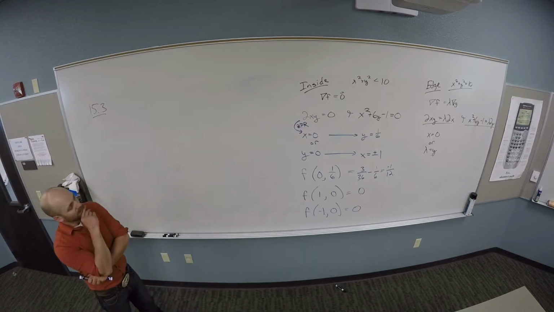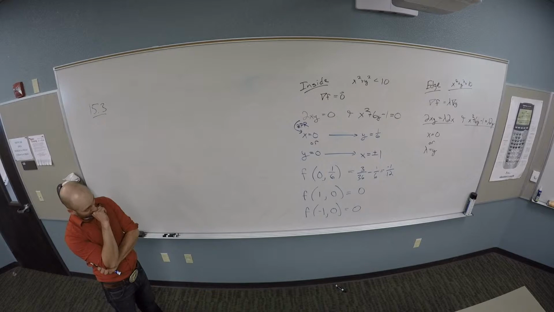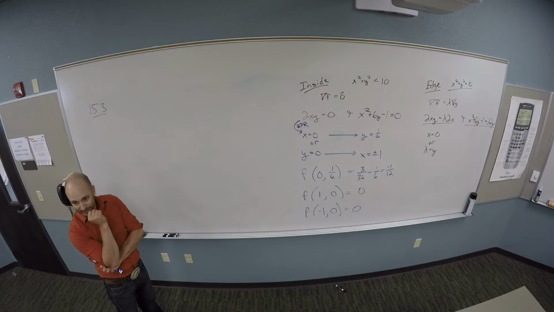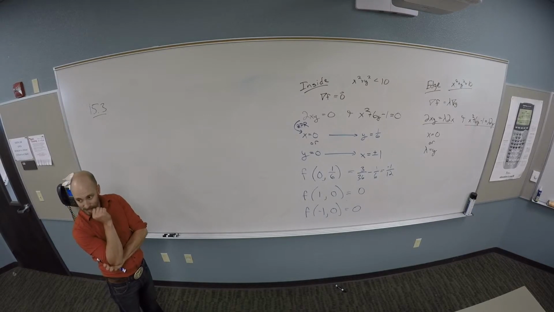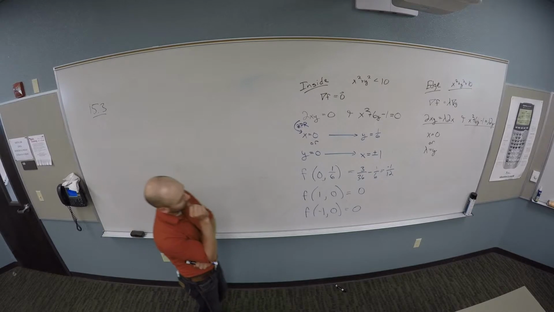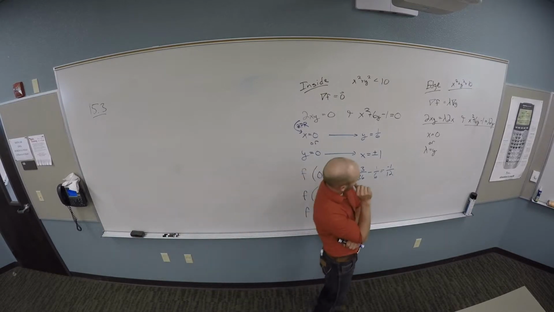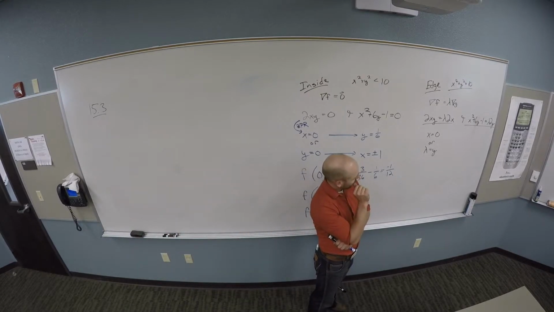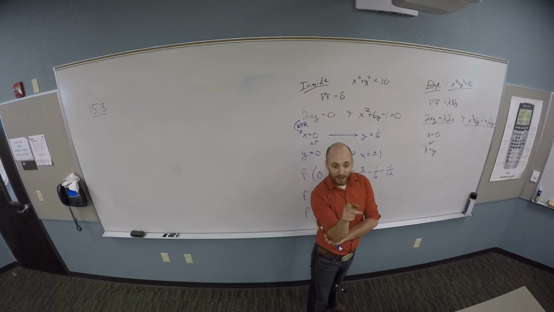So what did I find out here? What should I do next? You could find y squared in the constraint because x is equal to 0. Good.